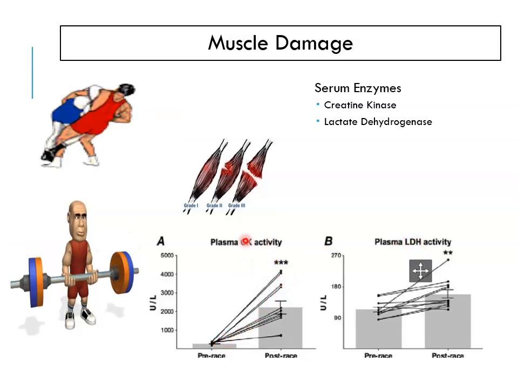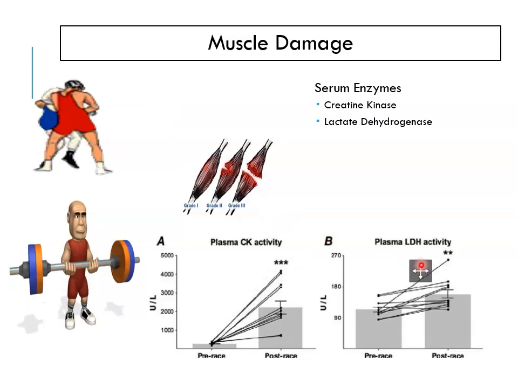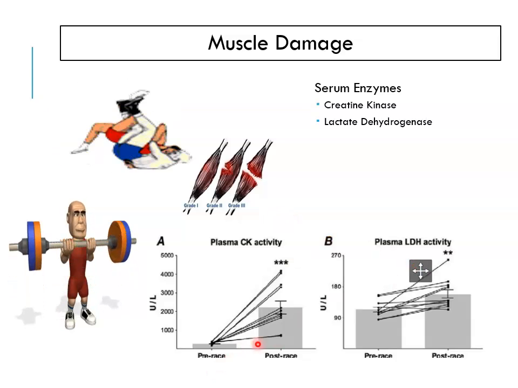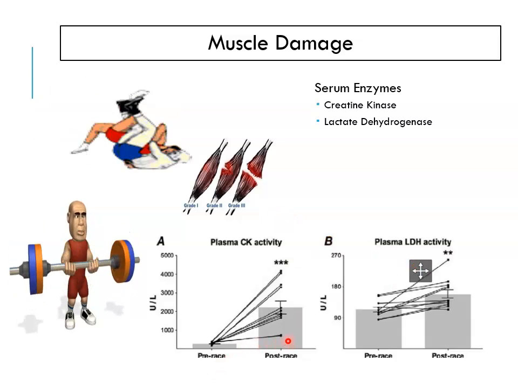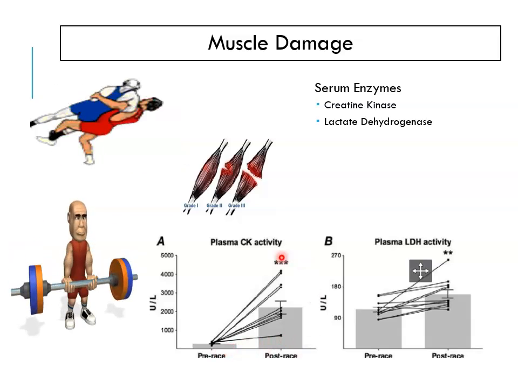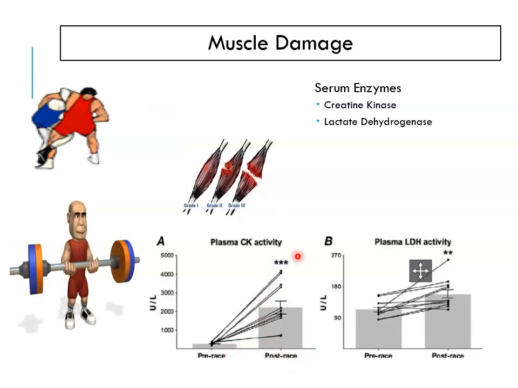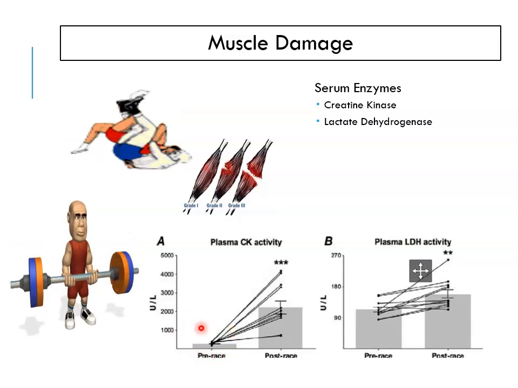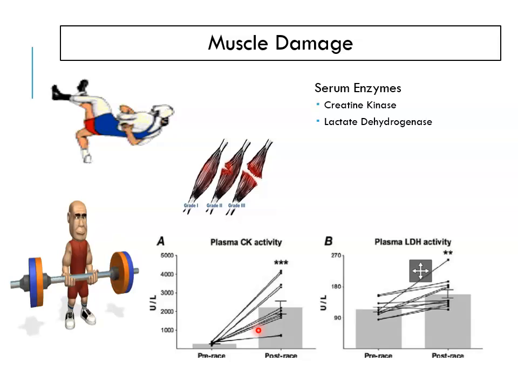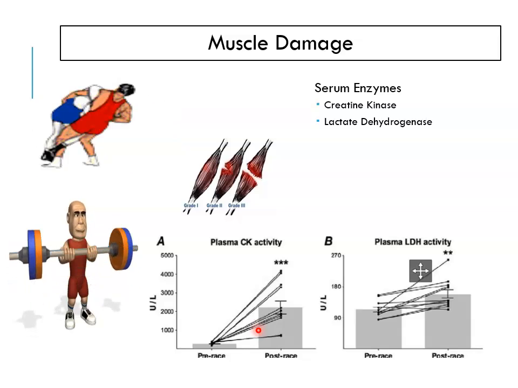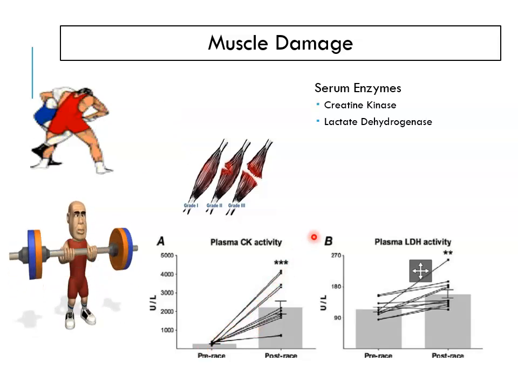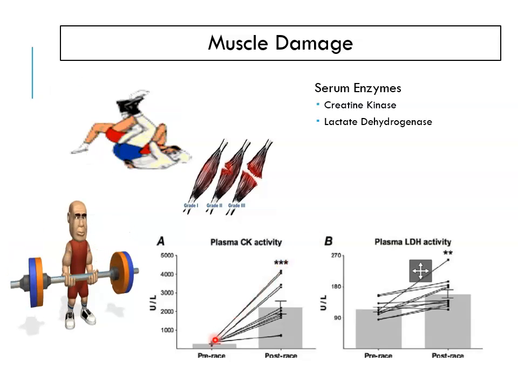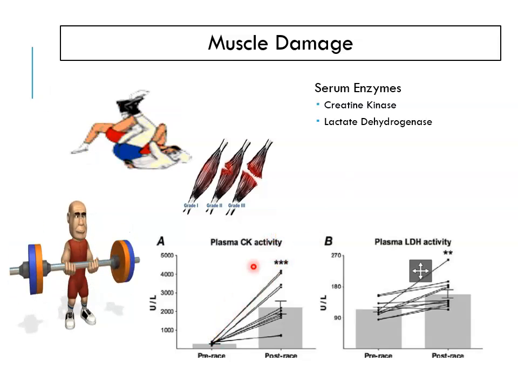These two diagrams show the CPK activity and LDH activity before and after the exercise. If you see this graph, in both the cases, post-exercise values are higher than the pre-exercise values. This means muscle damage is common to some extent in athletes, but severe muscle damage may result in further increase in these enzyme levels.